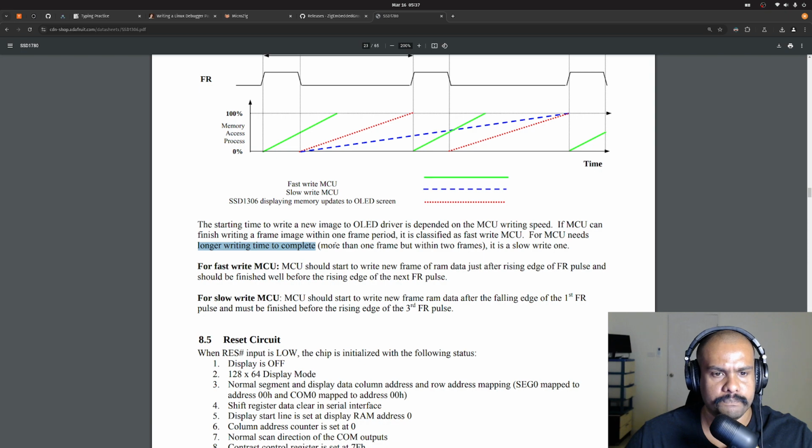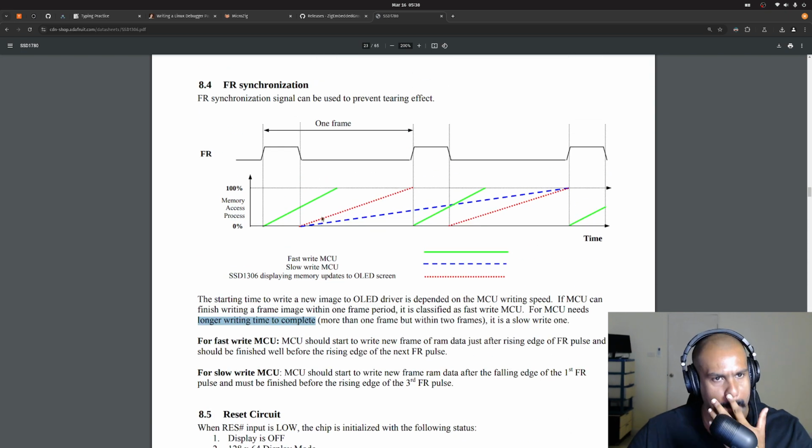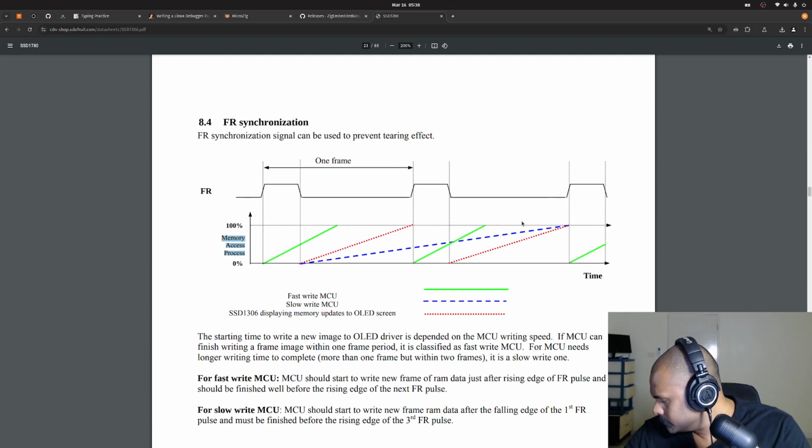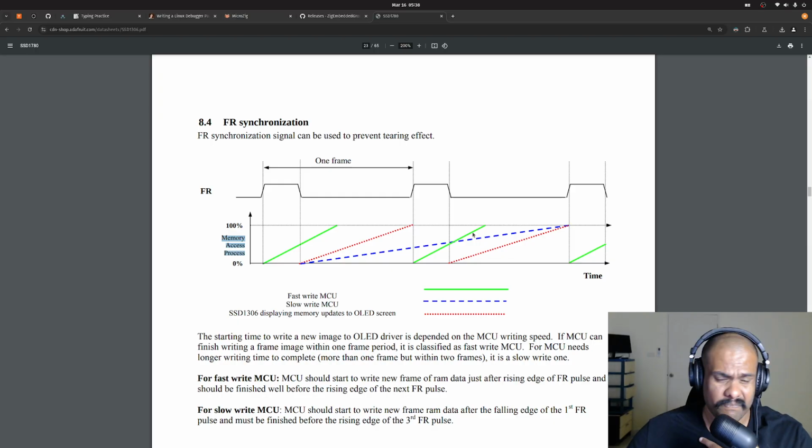Okay. This is 1 frame. Memory access process. I'm guessing is the graphic display data. What's all the green stuff? Fast write MCU.